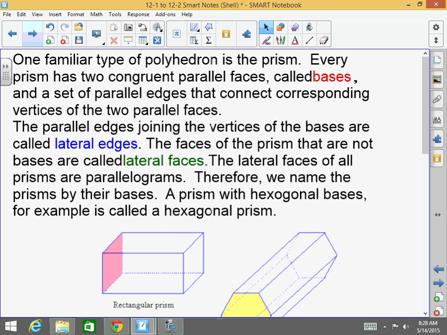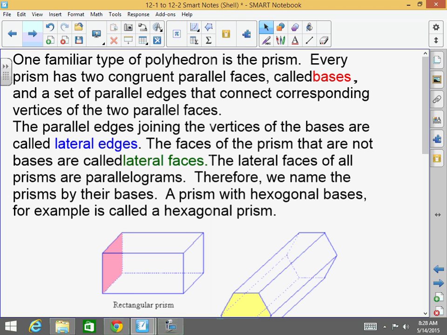The parallel edges joining the vertices of the bases are called lateral edges. The faces of the prism that are not bases are called lateral faces. The lateral faces of all prisms are parallelograms. Therefore, we name prisms by their bases. A prism with a hexagonal base, for example, is called a hexagonal prism.